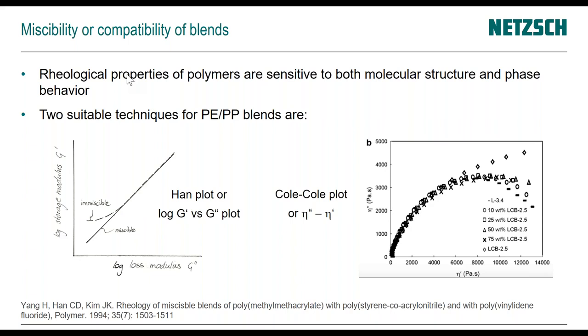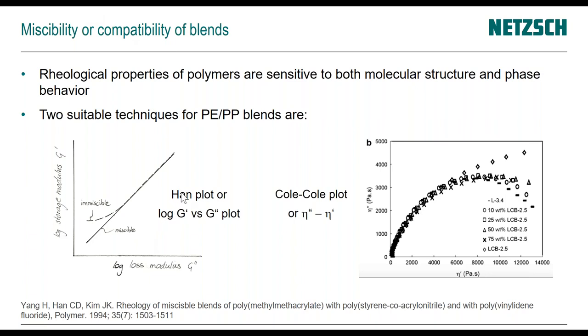There's a variety of different techniques to investigate the miscibility of materials. The two most used and most suitable for a lot of plastic materials are the ones I'm showing here.